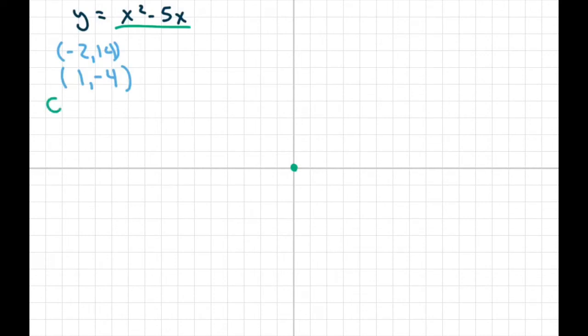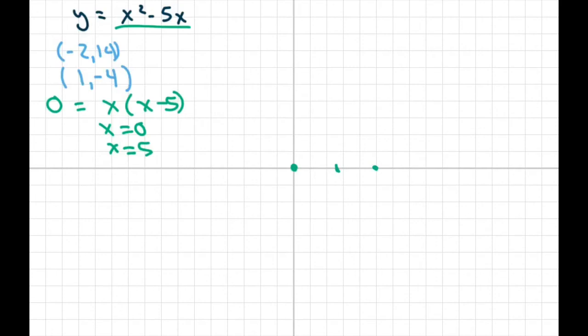Let's factor this. 0 equals x times x minus 5. So we get x equals 0 and x equals 5. So we're out here at 5. 1, 2, 3, 4, 5. The midpoint between 0 and 5 is about 2.5. So we're just going to sketch the vertex.